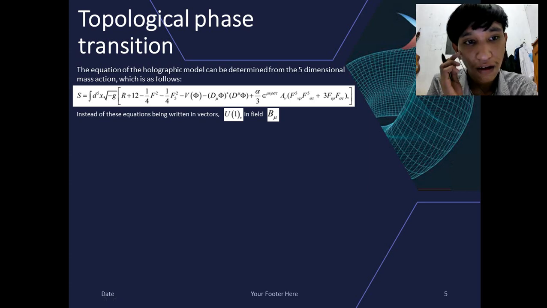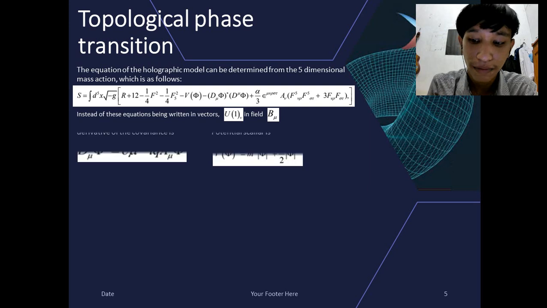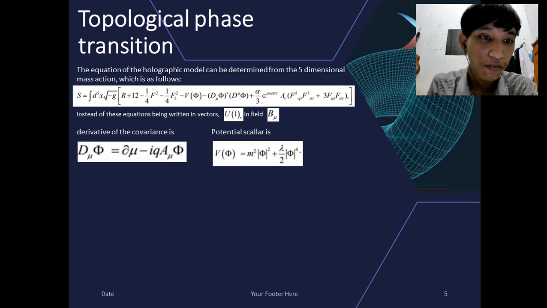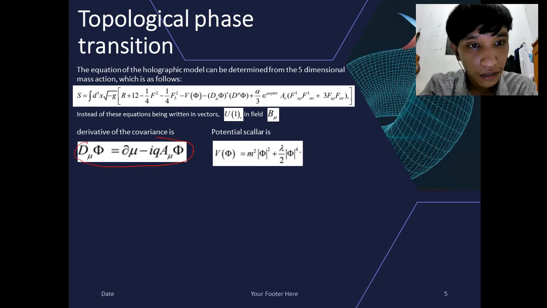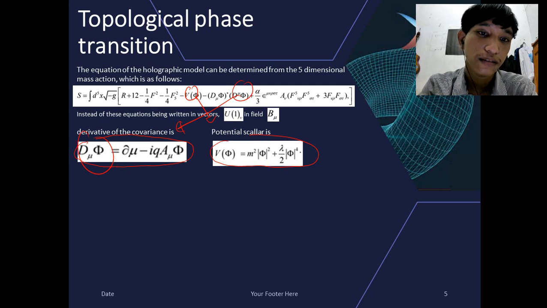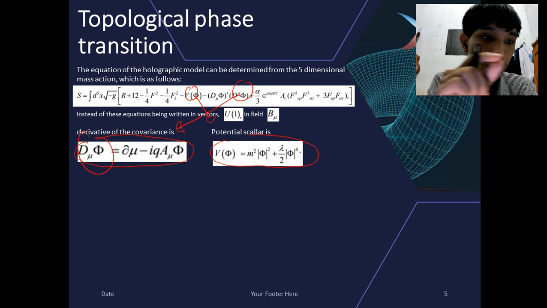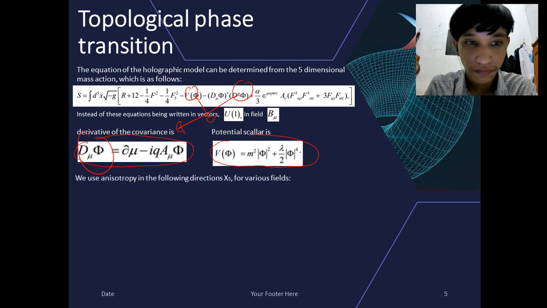The equations are written in terms of the vector U(1) field B mu. You see on the left the first equation, with the covariant derivative and the scalar potential. If you substitute the scalar potential and the covariant derivatives, you get the equations.